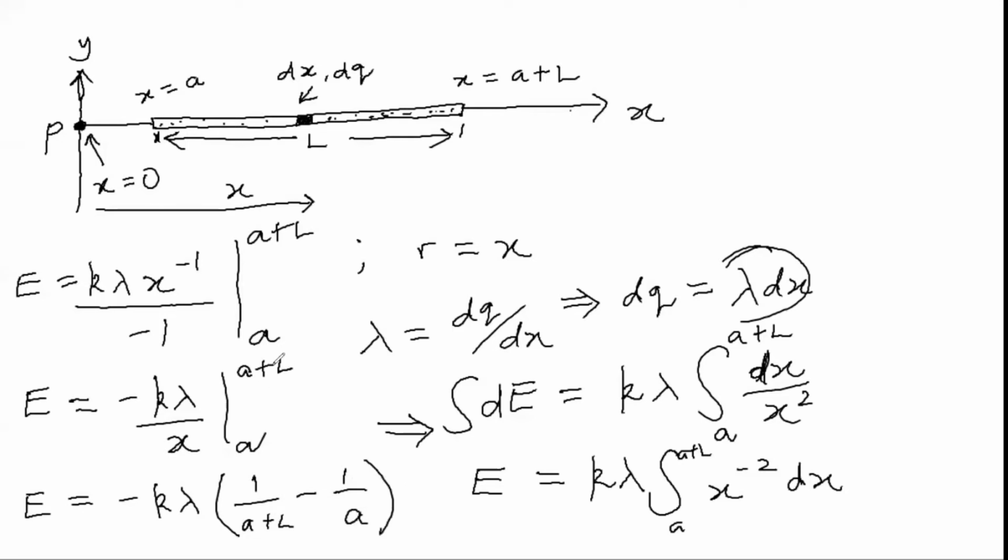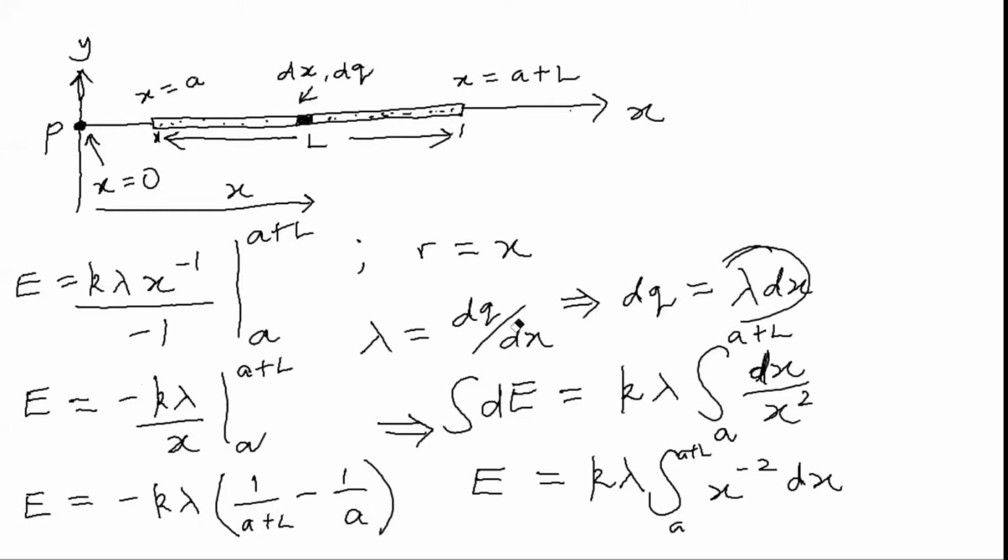I take the upper limit, I place it here. I just leave this constant. If I plug in the limit, then I get this. This is the upper limit minus. Now I come to the lower limit. My variable here is 1 over x. I put it there, then I have that. Okay, and that is that.